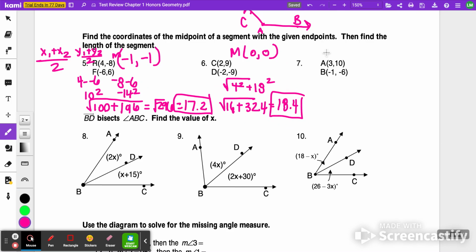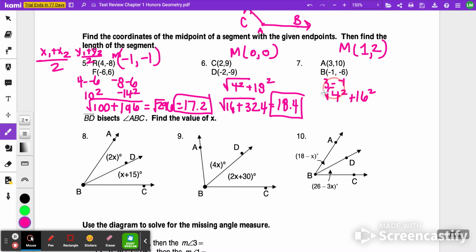The last one, add together your points first, divide by 2 to find the midpoint. 3 plus -1 is 2. 2 divided by 2 is 1. And then 10 plus -6 is 4. 4 divided by 2 is 2. So your midpoint is 1, 2. The distance, 3 minus -1, that is 4 squared. 10 minus -6 is 16 squared.